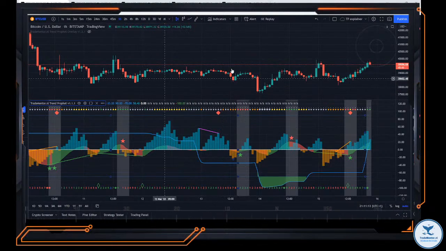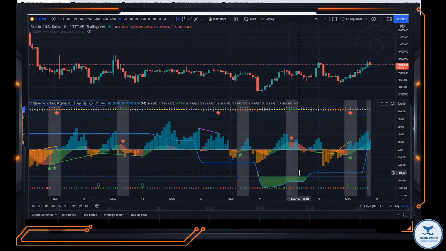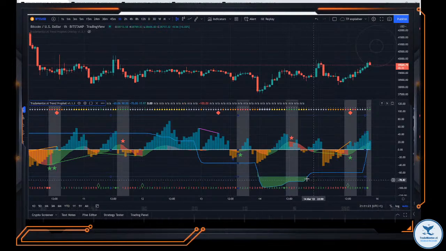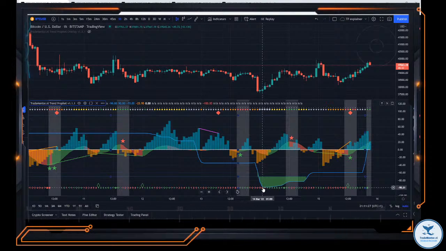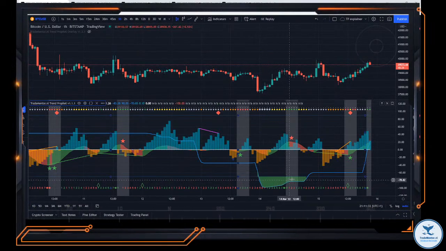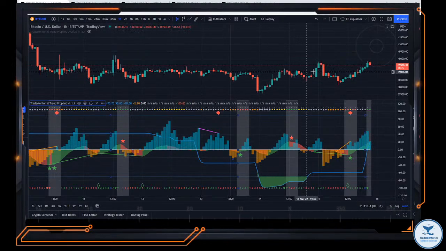Obviously, sideways periods are pretty difficult, but they're easy to spot with the trend momentum being quite small. We had a nice oversold period here that didn't really flatten out, and here it already started to curve upward slowly, and that correlates with the price pretty nicely.